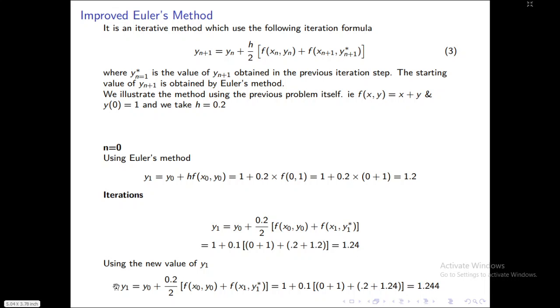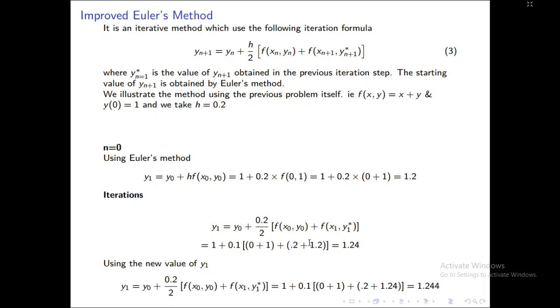And again, in our next step, y1 is equal to y0 plus 0.2 by 2 into f of x0, y0 plus f of x1, y1 star. If you compare this formula with the formula in the previous iteration step, the only change is in y1 star.